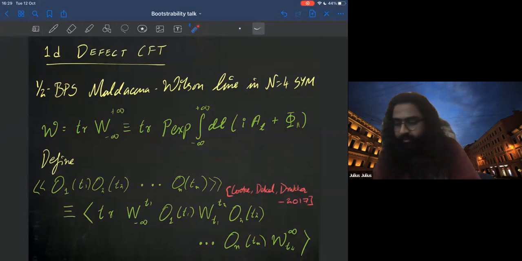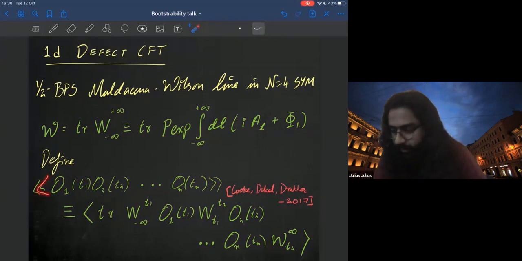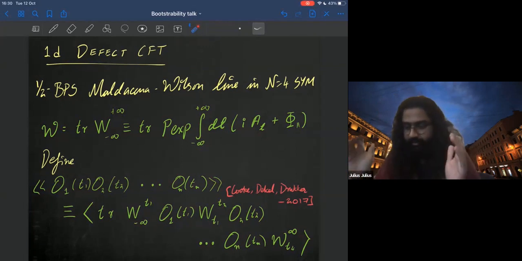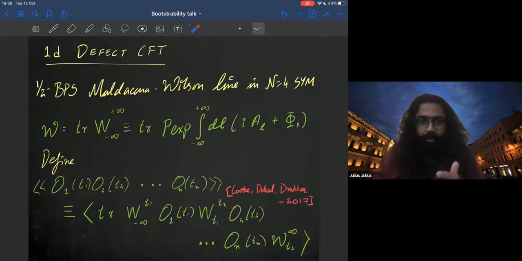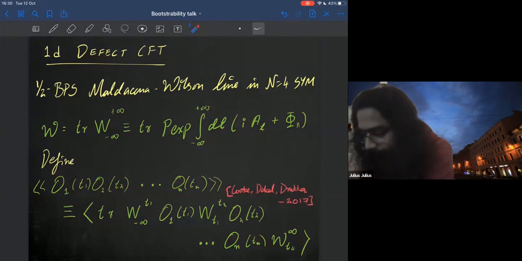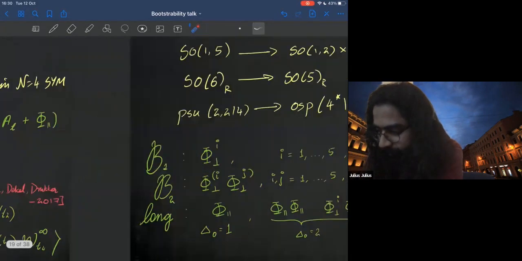Now, you can take the expectation value of this Wilson line with various operators inserted at different points on the line, and this expectation value behaves exactly like the expectation value of a CFT. So you can consider the Wilson line to be a one-dimensional defect CFT.